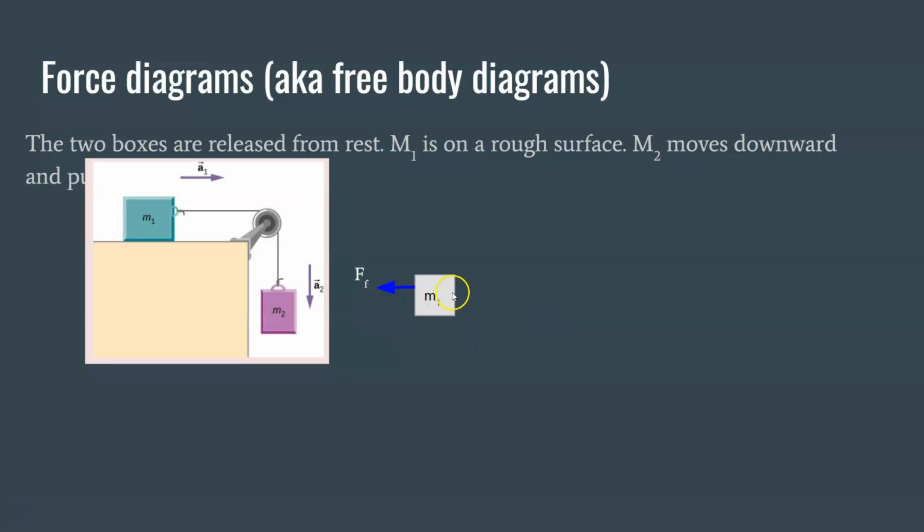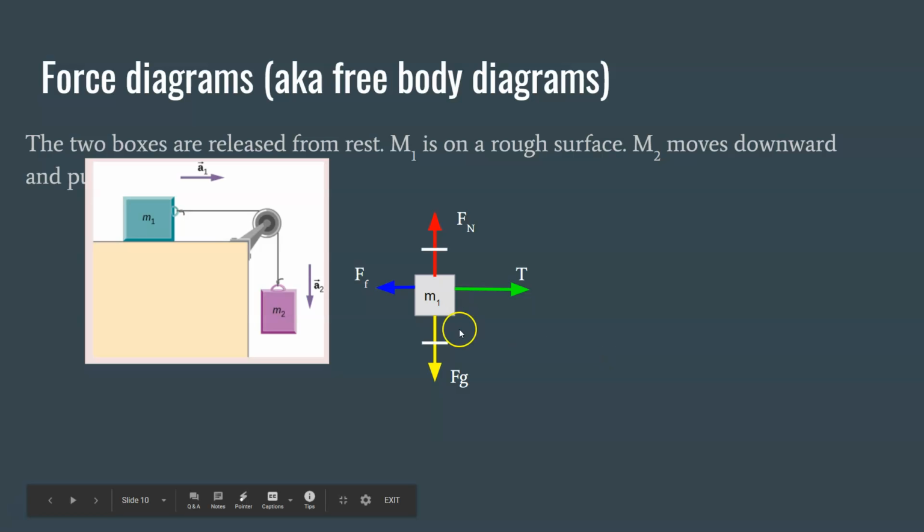We know this box is moving to the right, and so friction always opposes the relative motion, and so it better be going left. Force of gravity again, force normal perpendicular to the surface, and then it's getting pulled to the right by that rope, and so that's a force of tension. And then again, we only have the force of gravity and the force normal acting up, and so they better be equal because we're not moving vertically.